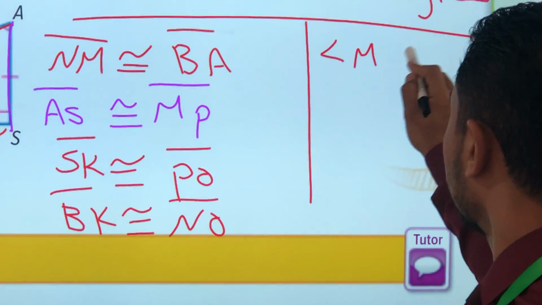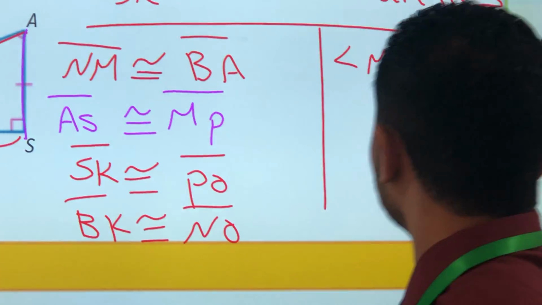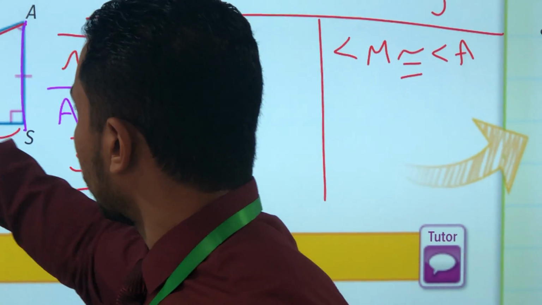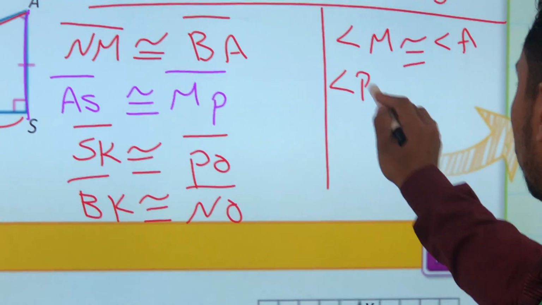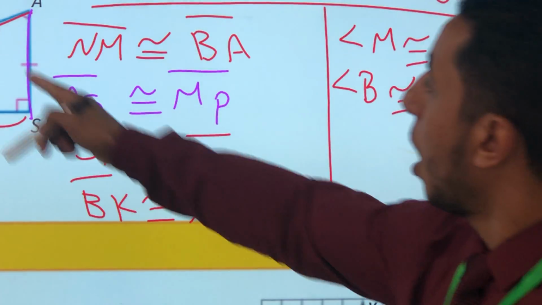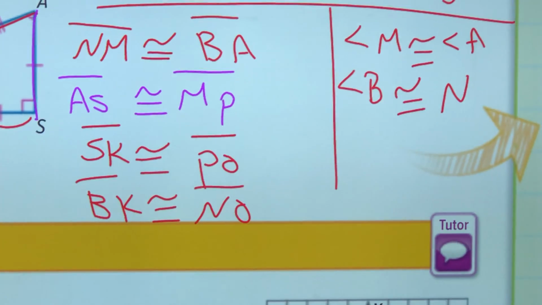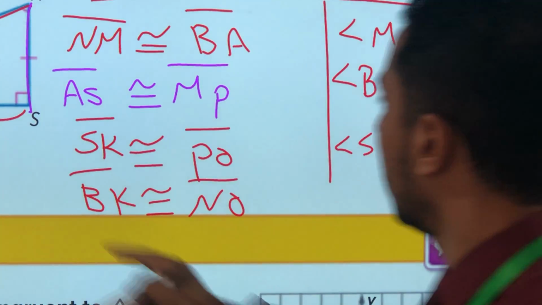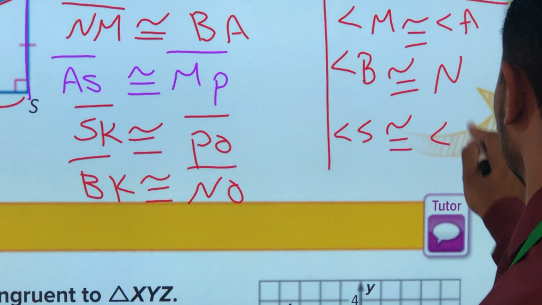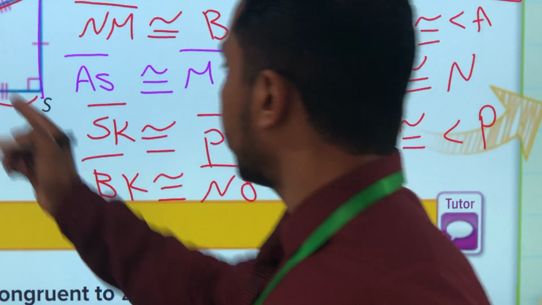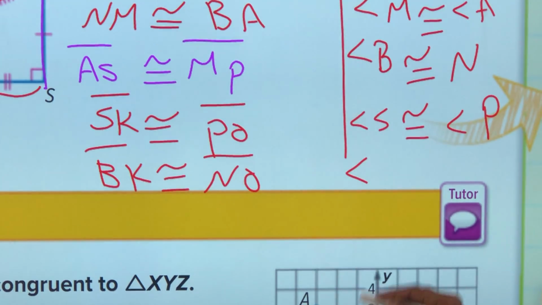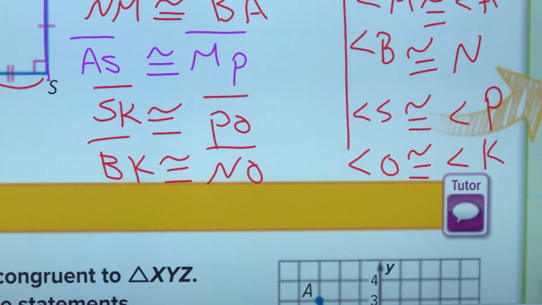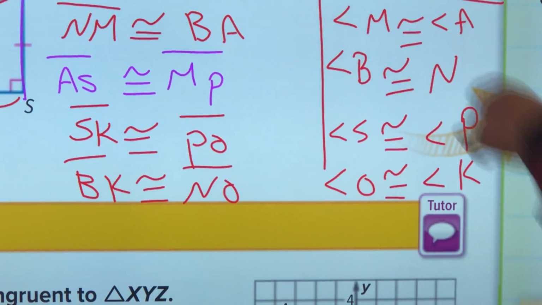Angle M is congruent to angle A, and angle B is congruent to angle N. Angle S is congruent to angle B, and angle K is congruent to angle O. So these are the corresponding parts.